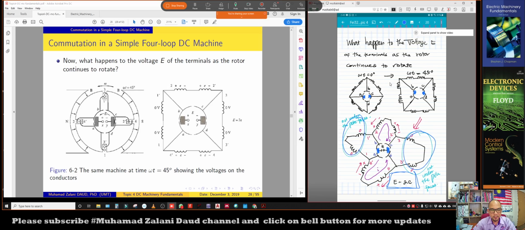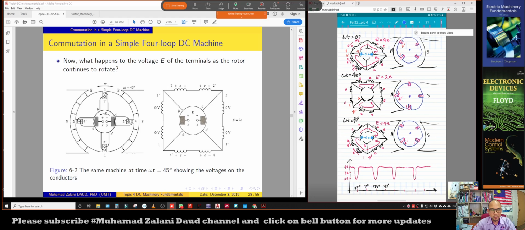So that is the direction of omega t equals 45 degree. And then it is turning again to another direction, which is 90 degree. As you can see in this figure, I have redrawn this, which is the drawing that shows omega t equals 0 degree. For this case, the total voltage is 4E, okay, and then it turns about 45 degree from 0 to 45 degree, which is at this particular state of the rotor.